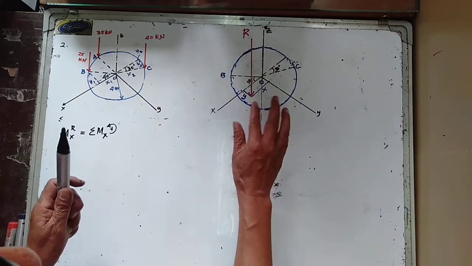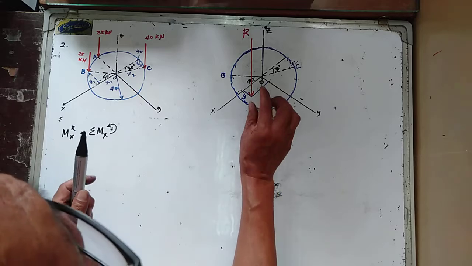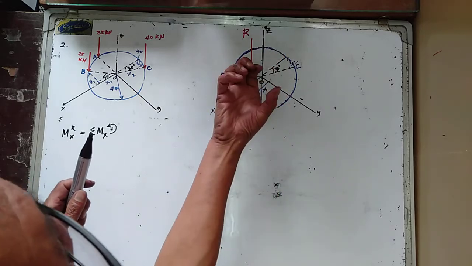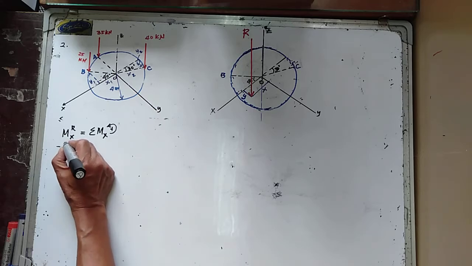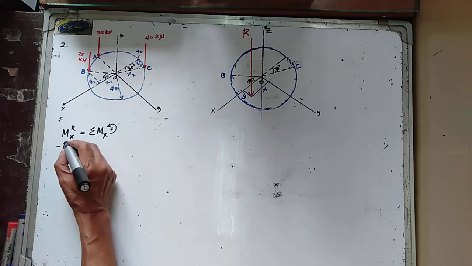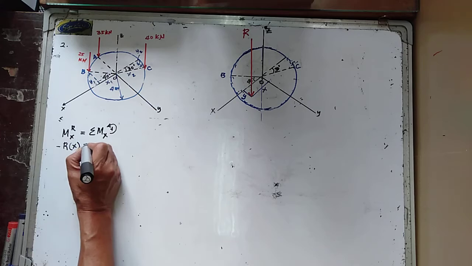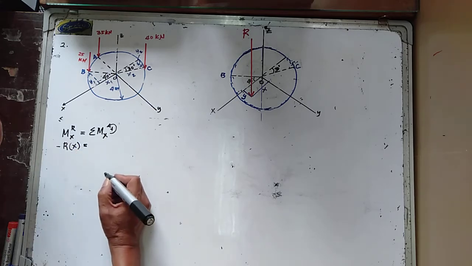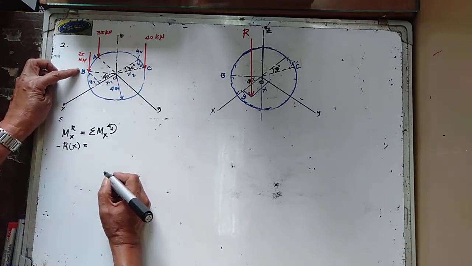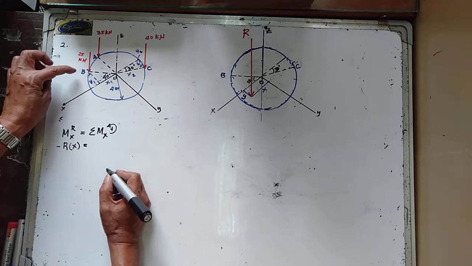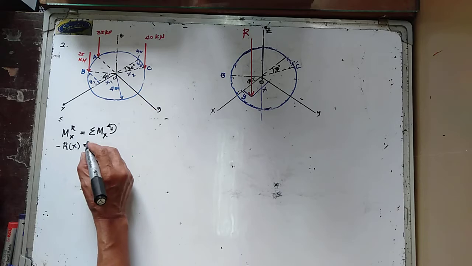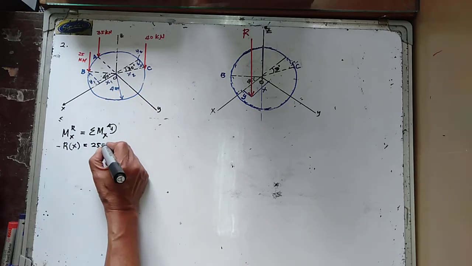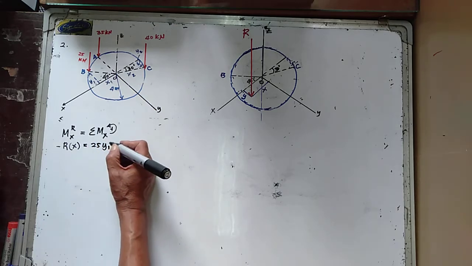So your R, based on this diagram, is going clockwise. So we have negative R multiplied by y. And this is therefore equal to 25 multiplied by y1.